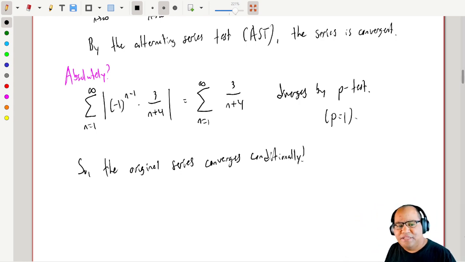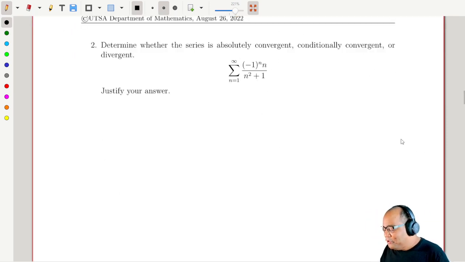And what does conditional convergence mean again? It means that the original sum is convergent, perhaps by the alternating series test or whatever theorem you want to use, but the modified series with absolute values does not converge. And so you can think about the condition here is that the terms have to switch sign as plus minus plus minus. Okay. So let's go ahead and look at another one here.